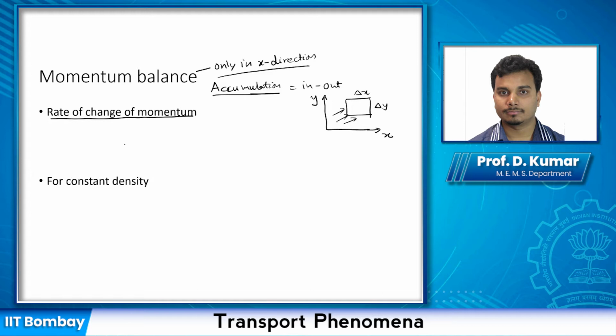Here the rate of change of momentum can be given as m dot v, or d(mv) by dt. Now m is rho times the volume, so delta x, delta y, and extrapolating to 3D, delta z. That is your mass, and then the velocity in the x direction is Vx.